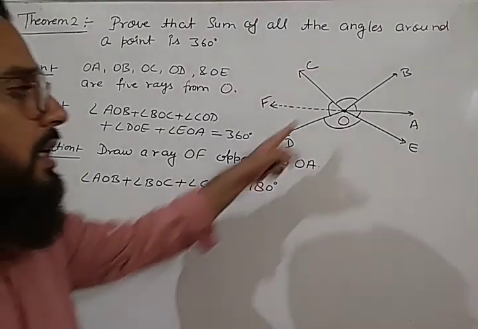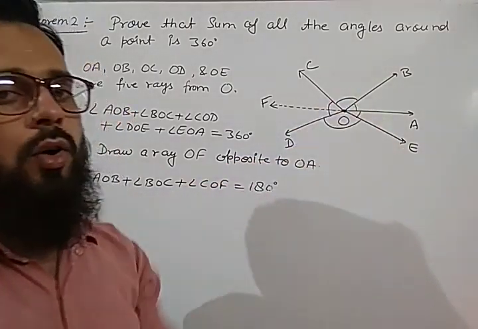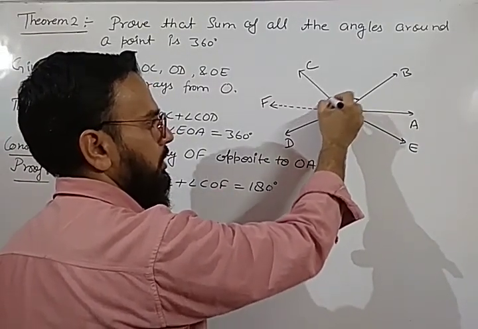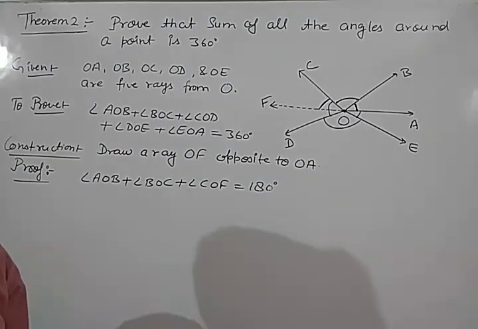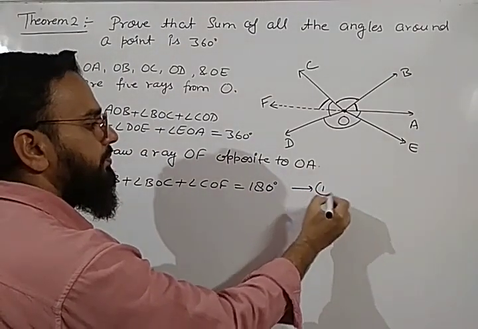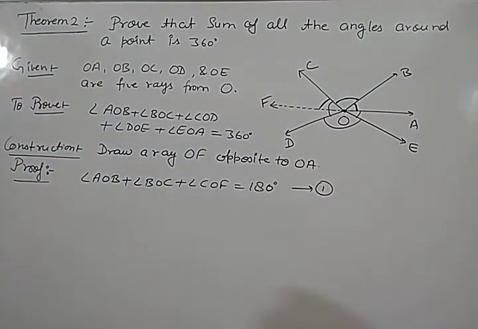Why it is 180 degree? Because these are the sum of angles on a straight line. We are talking about these 3 angles. So the sum of these 3 angles will be 180 degree. It is our equation number 1.